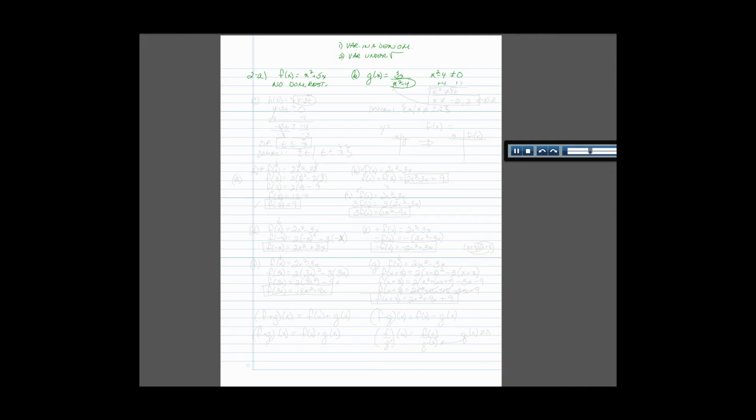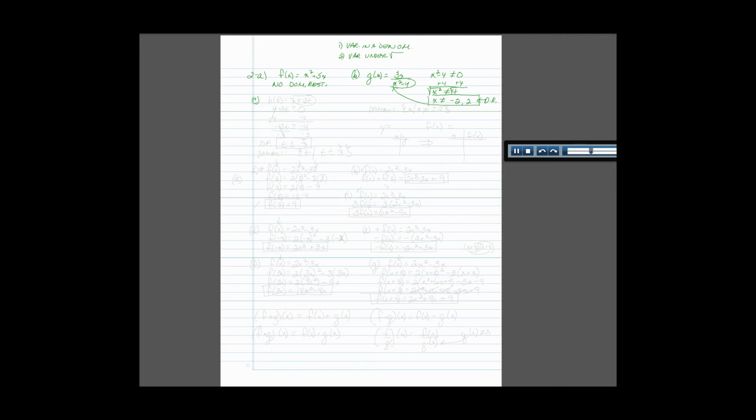Now we just solve that as if it were an equal sign, and we get x squared can't be 4. Take the square root of both sides, and we get x can't be -2 or +2. Because if it was, put it back in here, you would end up with a 0 in the denominator. So the domain restriction here is x cannot be -2 or +2.